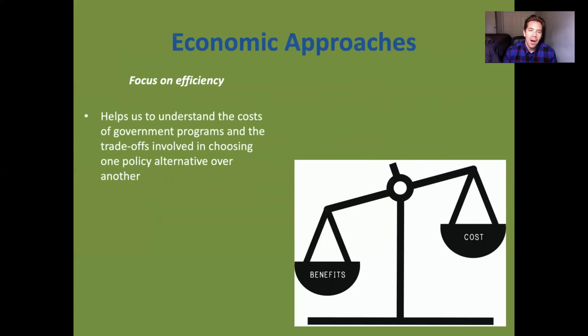When we talk about economic approaches, as I mentioned last class, we're really zeroing in on efficiency. Efficiency is this cost-benefit approach to thinking about a particular policy solution to a public problem. How much bang are we going to get for the buck? How much benefit are we going to get out of the policy action?